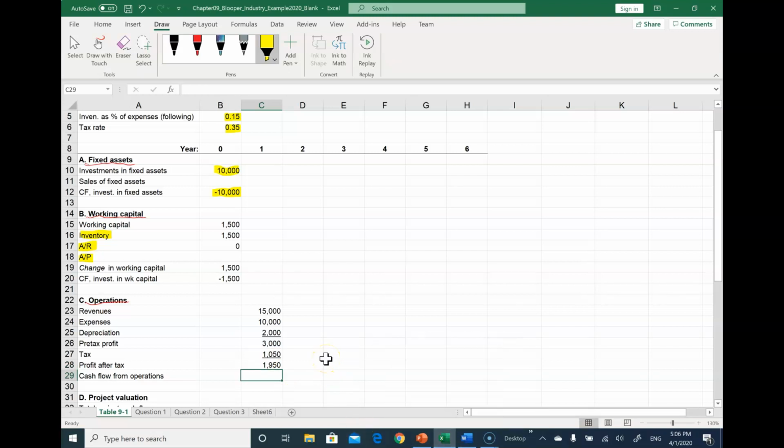So once we have the net income, we learned that the cash flow from operation is net income plus the depreciation. So the cash flow from operation in year 1 is 3.95 million.